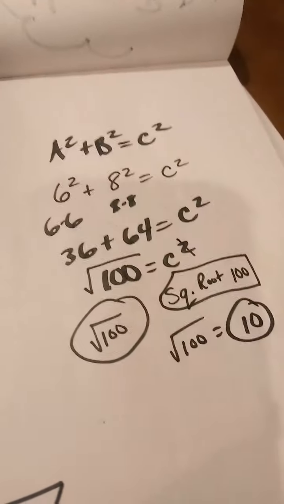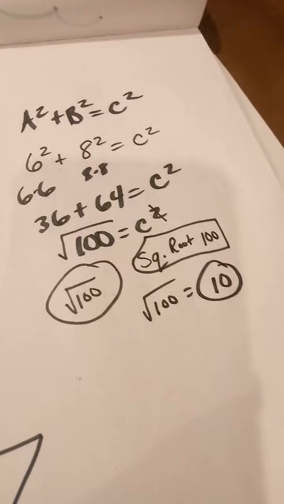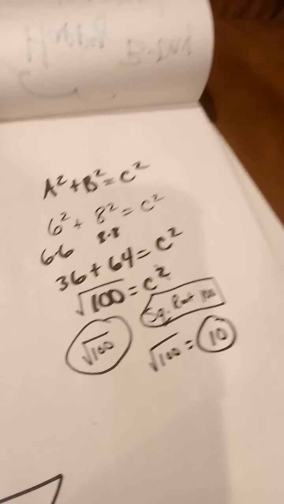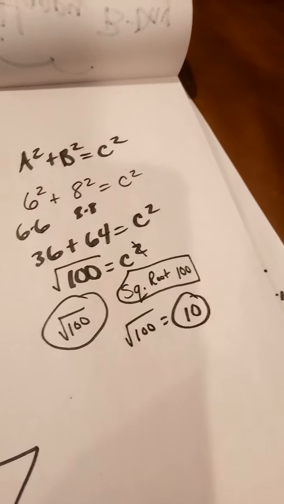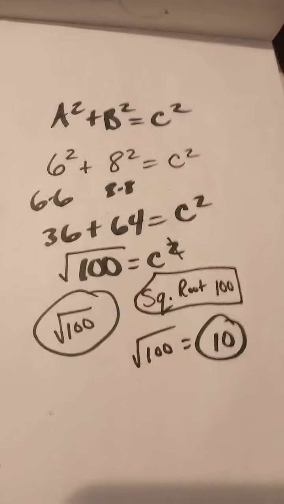But square root of 100 is good enough for me. I'm recording this video with my phone, which is my calculator, so I'm not really going to do that. But I also know what the square root of 100 is, which is 10. Alright, so that's the easy one, where you're solving for c. So c equals 10.